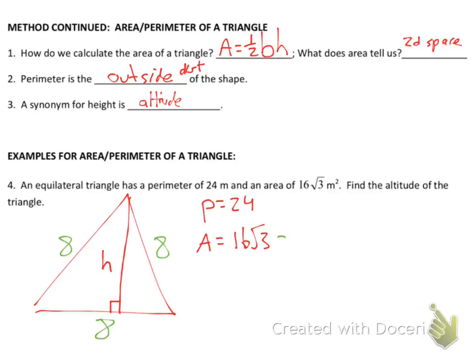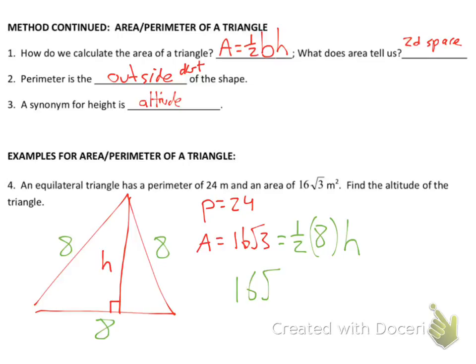So that means area is equal to 1/2 times the base times height. Can everybody see that? 1/2 base times height should end up being 16 square root of 3. Can you solve for h? I hope so. What's half of 8?